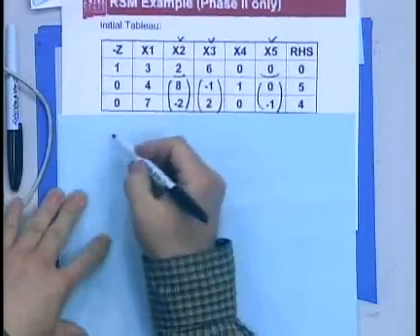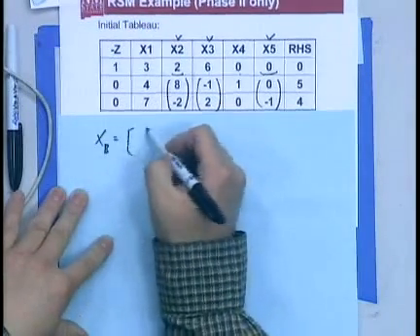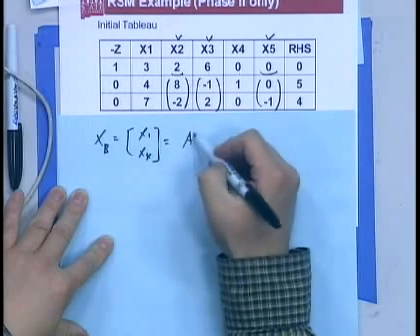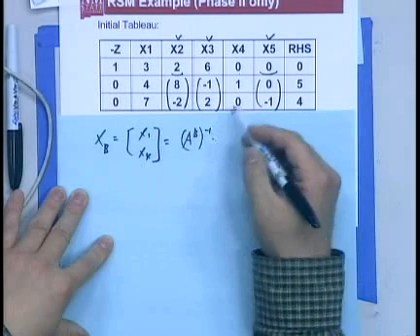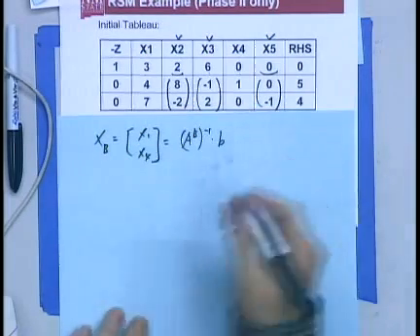Again, the optimal solution can be obtained by the basis inverse matrix times the right-hand side value from the original table. Okay?